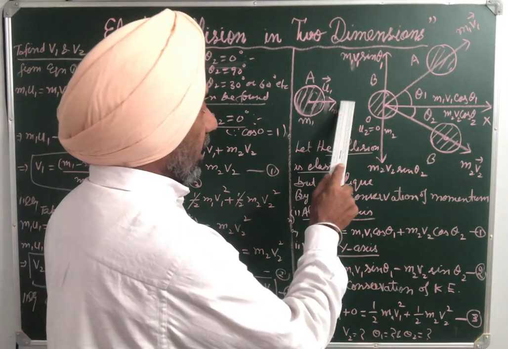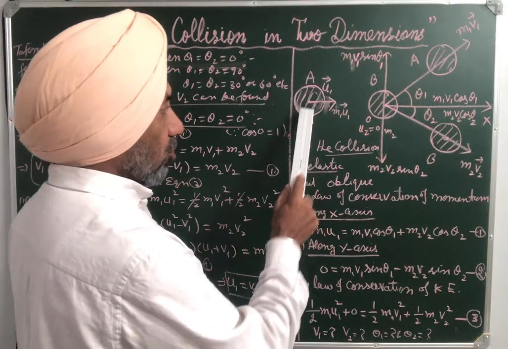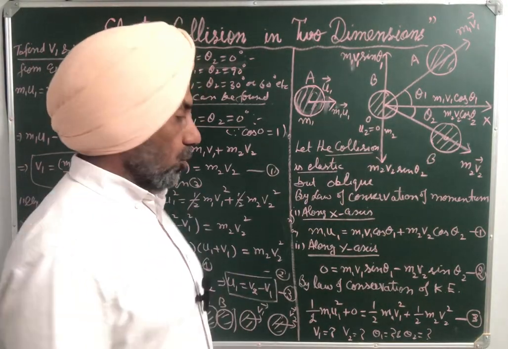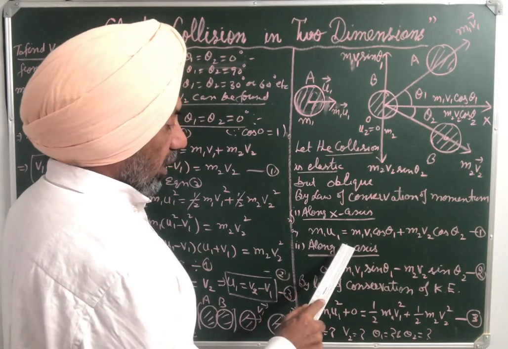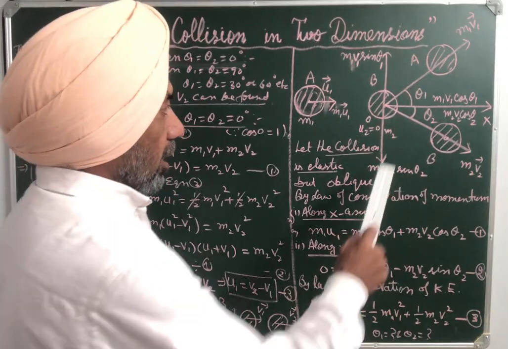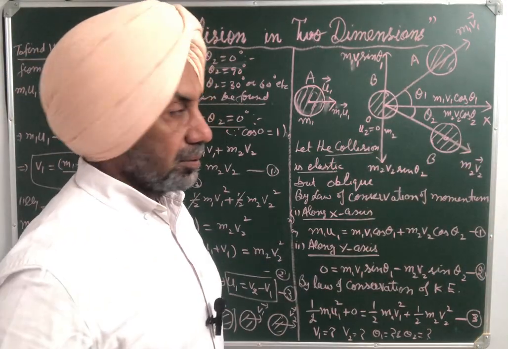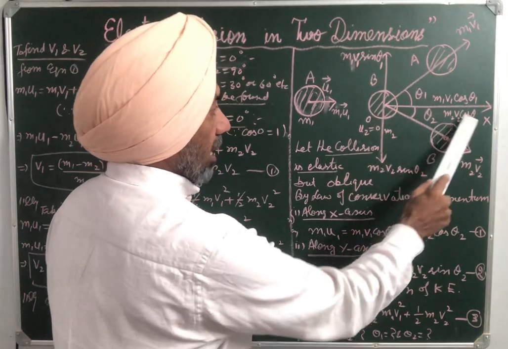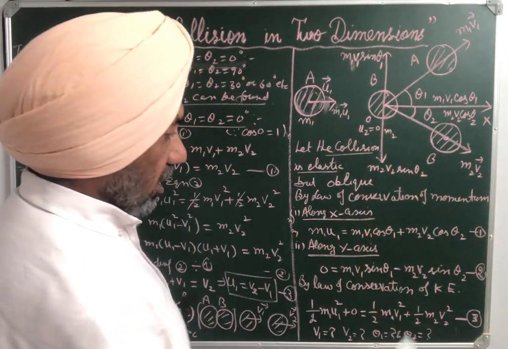What is the momentum of body A along the x-axis? m1 u1 before collision. Momentum of body B along the x-axis before collision is 0. So total momentum before collision is m1 u1. And after collision, m1 v1 cos theta 1 plus m2 v2 cos theta 2.